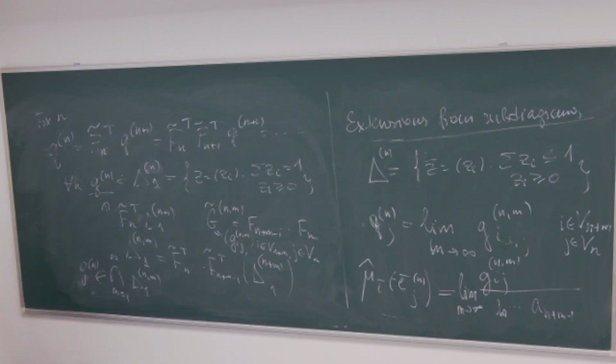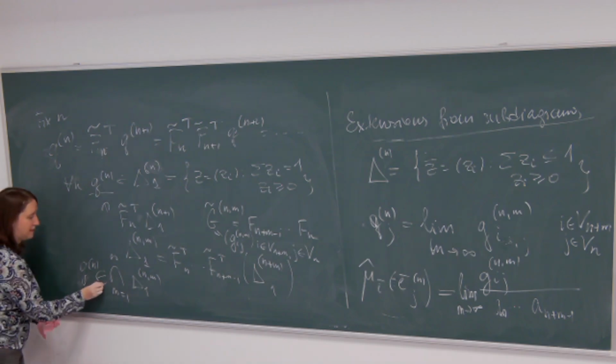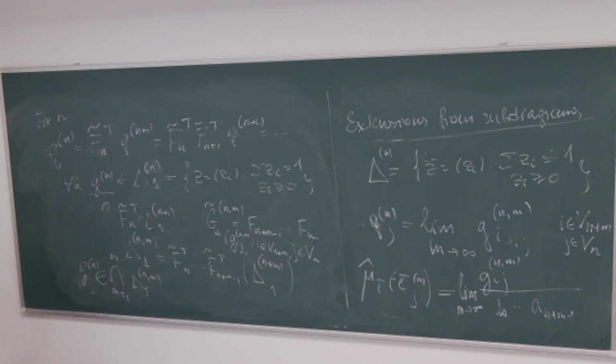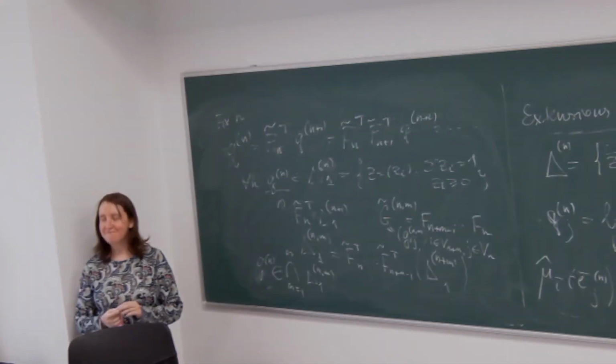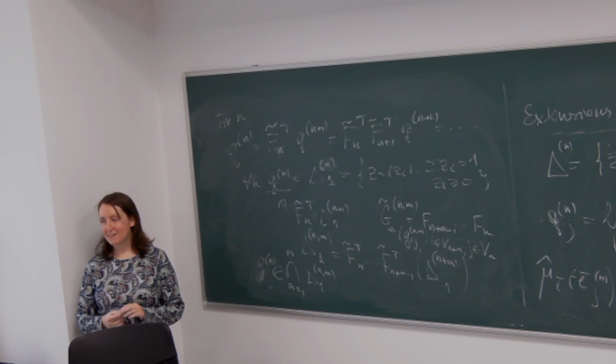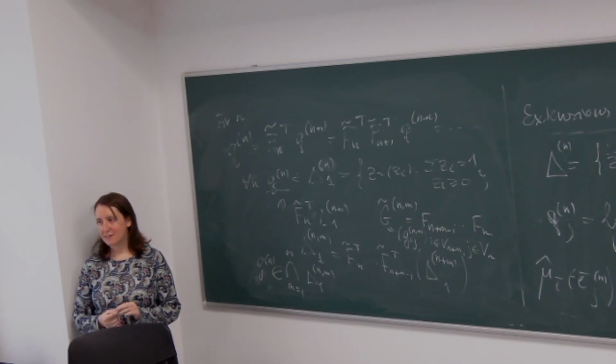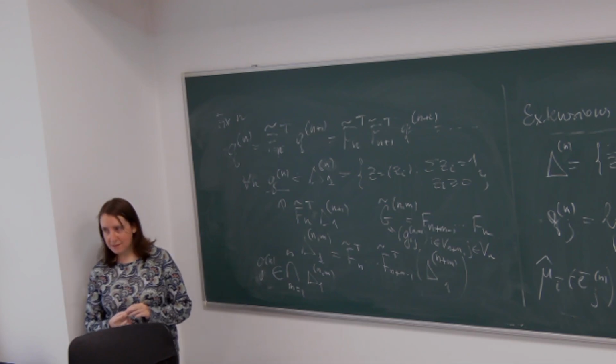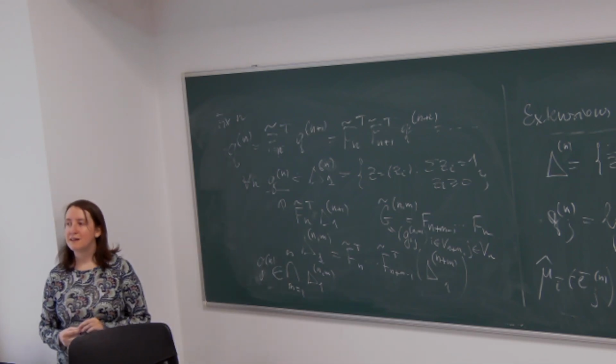I have a question, but it's a philosophical question. My impression is that you are able to construct lots of invariant measures. So you produce dynamical systems in the sense of ergodic theory. Yes.